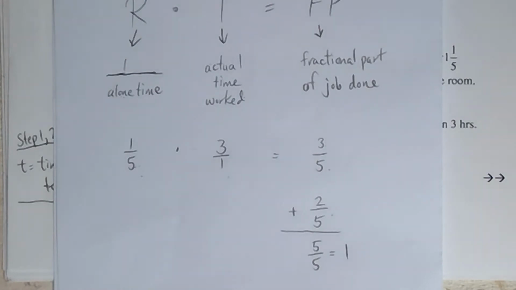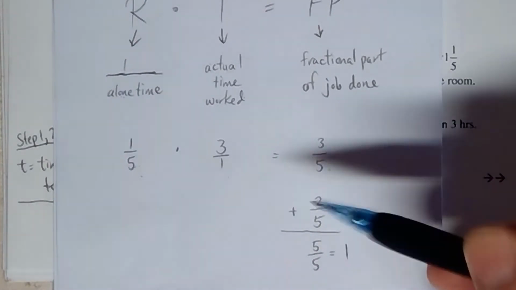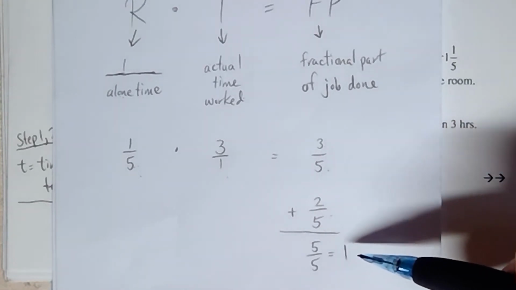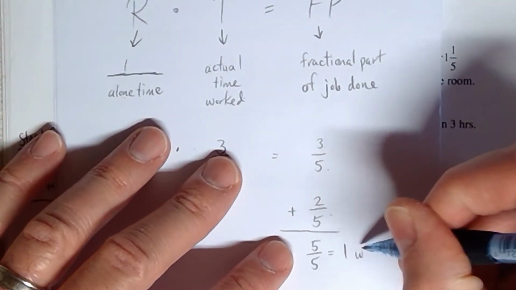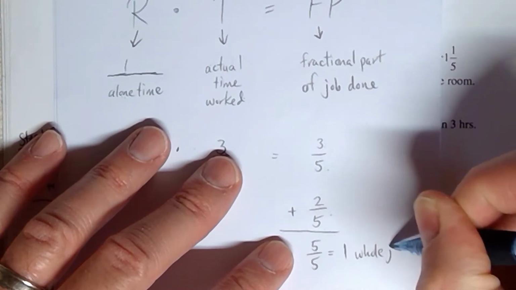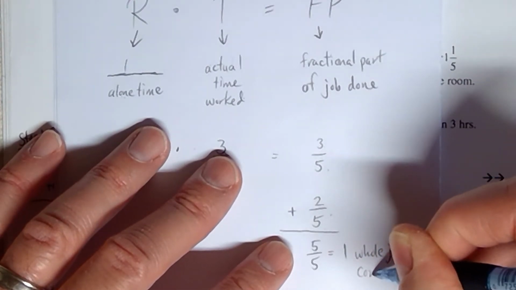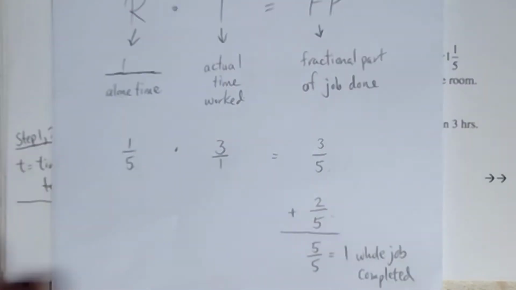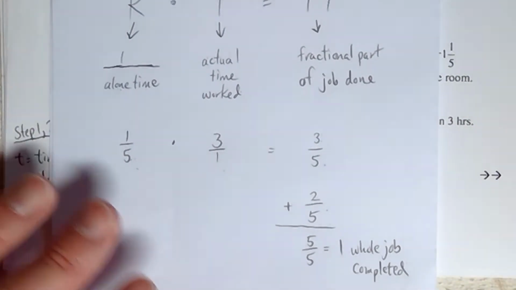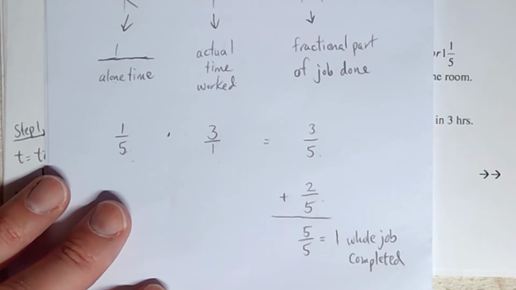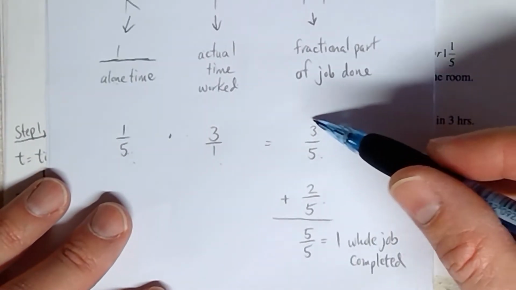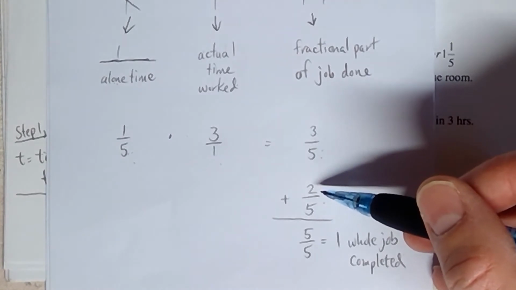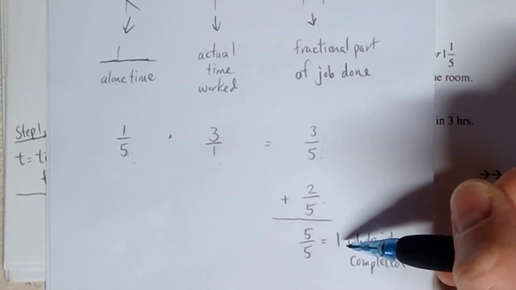It's because the two of them together, and that's why we're adding, are getting one whole job completed. They're getting the one entire job completed. And so the two fractions have to add up to 1. So if your FP number is 3/5, then your friend's FP number has to be 2/5 because it has to add up to 1.